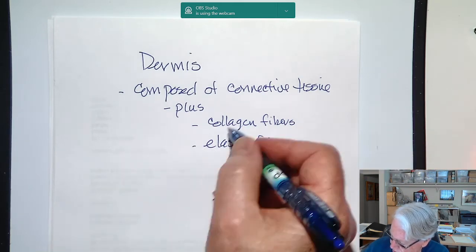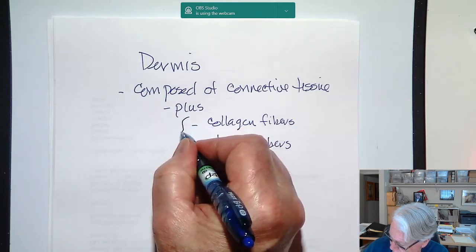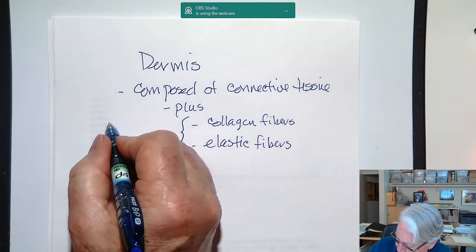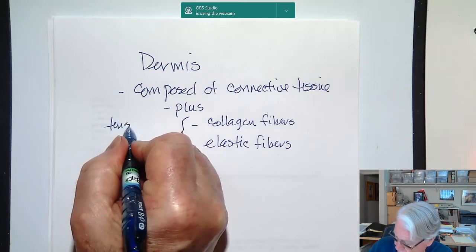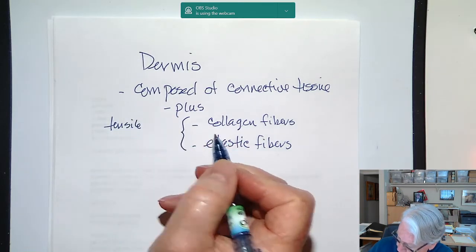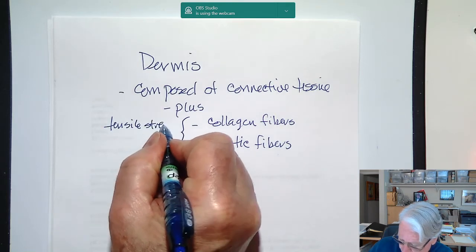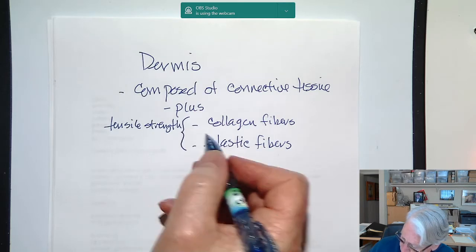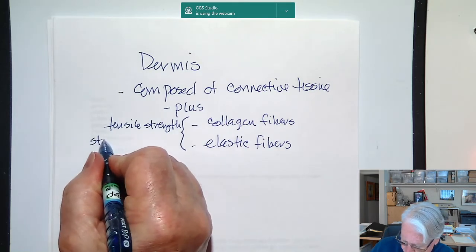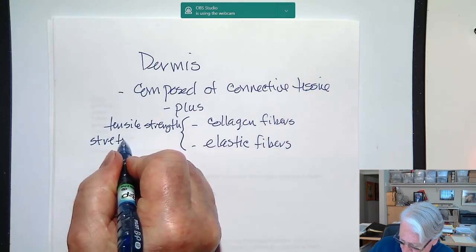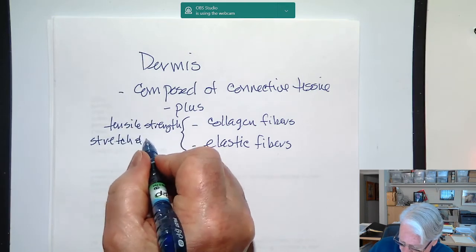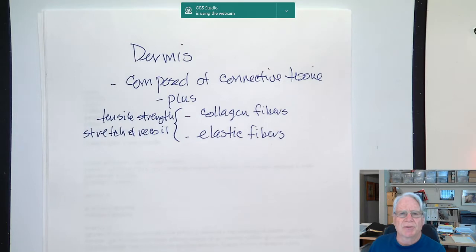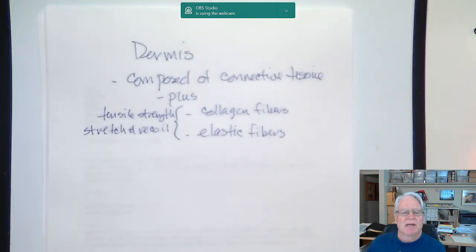So what those two provide is tensile strength, and the ability to stretch, and then recoil, all of which are important characteristics if you want healthy skin.